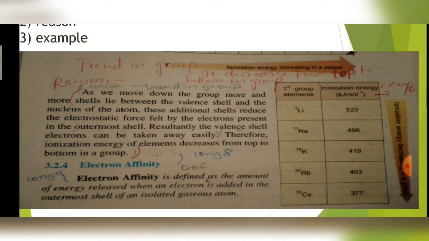That's why valence electrons can be removed easily from the outer shell. The charge of the nucleus felt by the outer shell electron will be less, so it will be easy to remove the electron from the outermost shell.